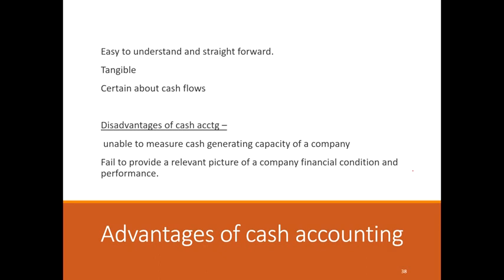Okay, sebab dia hanya menunjukkan cash je. So kalau macam you jual secara kredit tu, you tak akan nampak. Sebab tu dia kata dia tak tunjukkan a relevant picture of company financial condition.